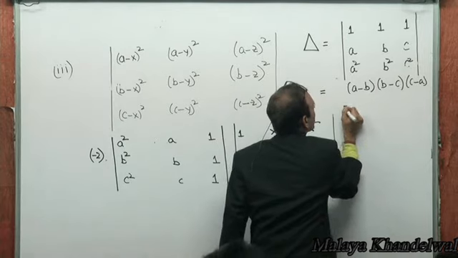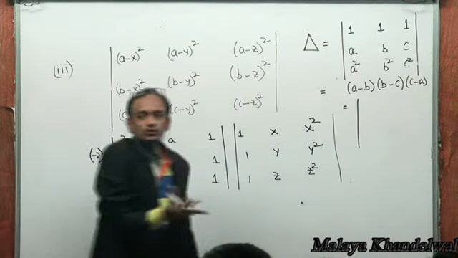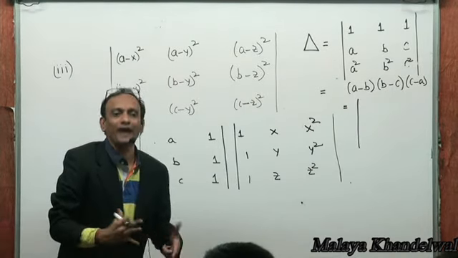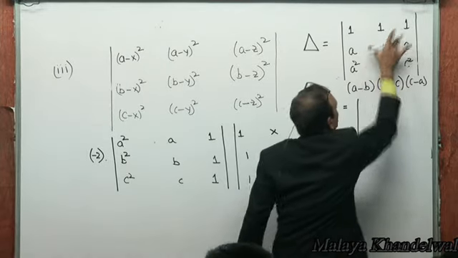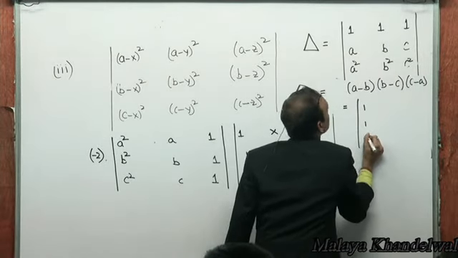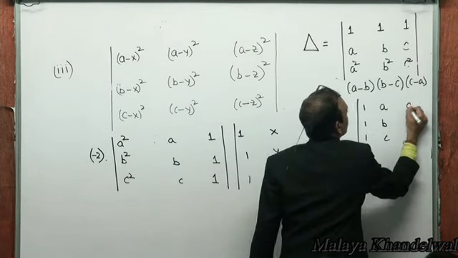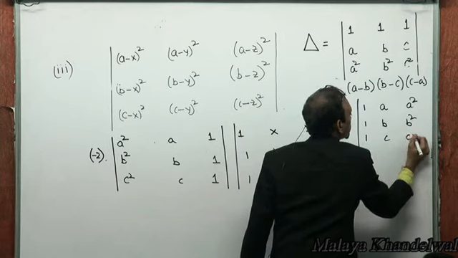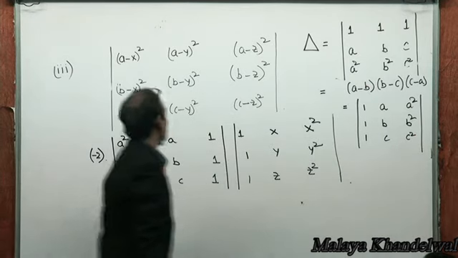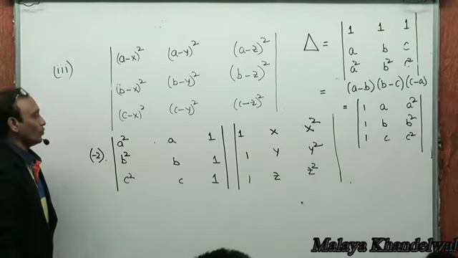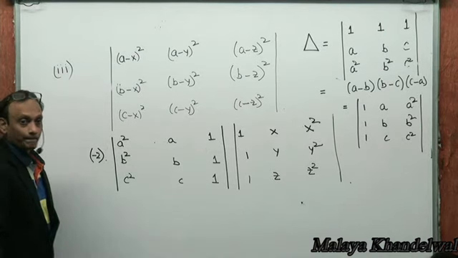And see, if you convert rows into columns and columns into rows, what will happen? It will remain the same. So for example, I convert the first row into first column, second row into second column, third row into third column. Then this determinant will remain the same. Yes or no? Right?